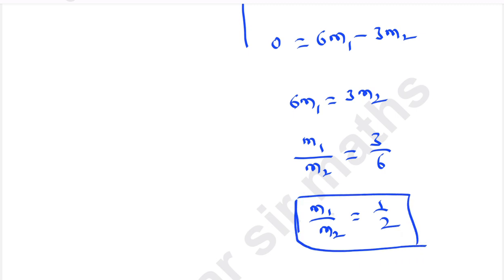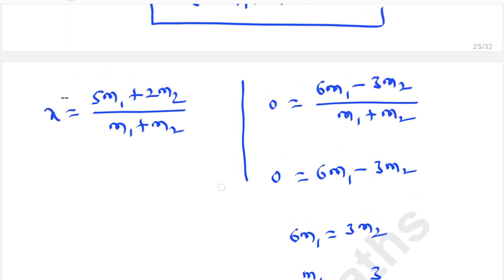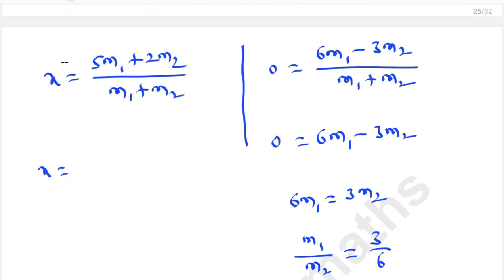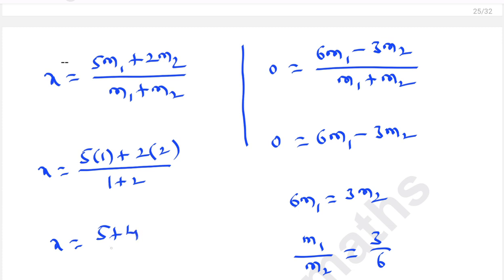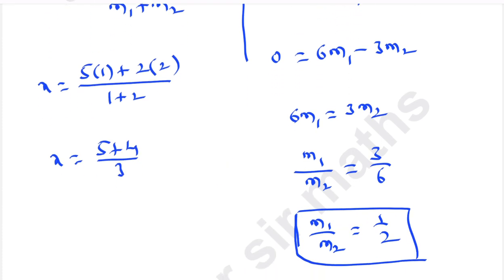Now we have to substitute m1 and m2 here. So x is equal to 5 into m1 value 1, plus 2 into m2 value 2, by 1 plus 2. So x equals 5 plus 4 by 3. So x will be equal to 9 by 3.